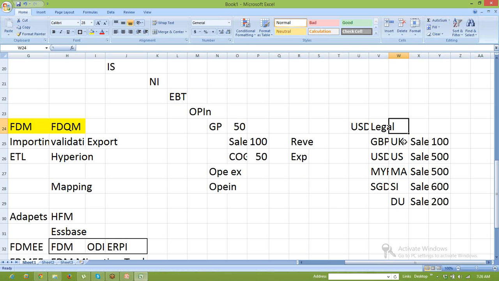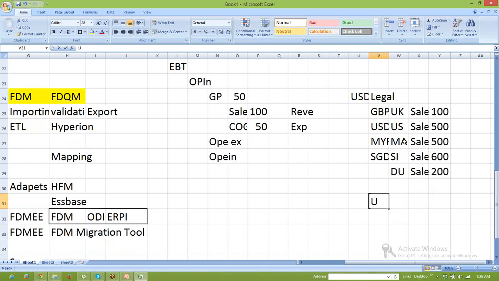Here your reporting currency would be USD, so you need to provide the exchange rates from GBP to USD, MYR to USD, SGD to USD, and run the consolidation so that you can have the total consolidated data at legal level.